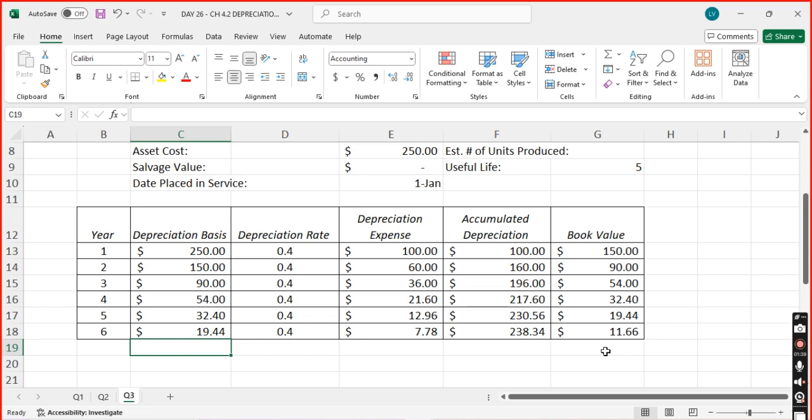What good is it to have an asset that's worth $11.66 in your books? Well, what is $11.66 to anybody? It's not very much.